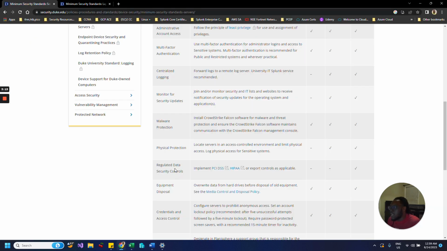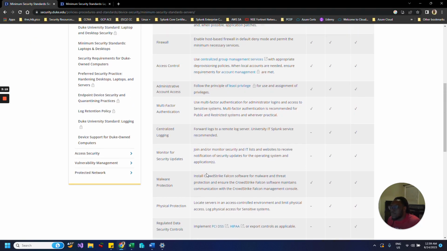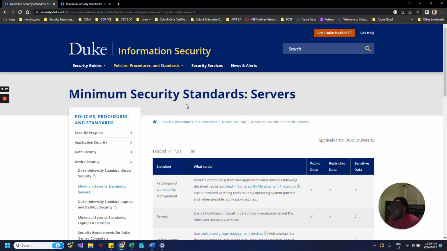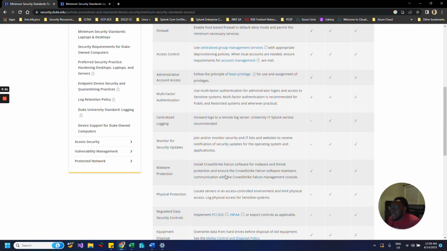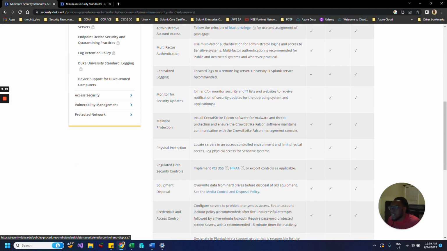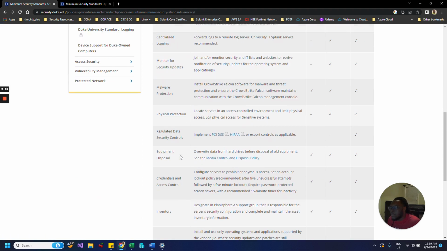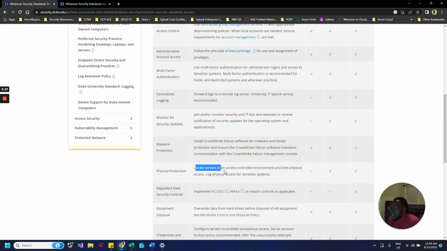I typed in Duke University information security policy, and a few things came up that I could use for this compliance audit as documentation. Physical protection: locate servers in an access controlled environment and limit physical access, log physical access for sensitive systems. This is open source intelligence information that I got from policies they had online.